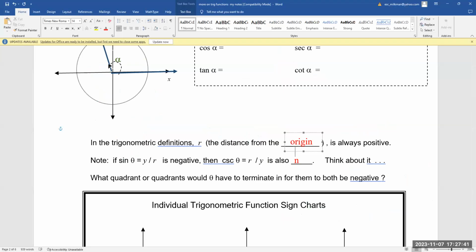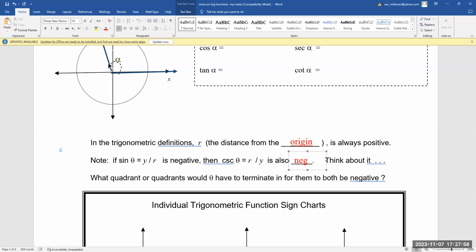It is always positive. If the sine of theta, y over r, happens to be negative, then the cosecant is also going to be negative. And again, we just showed that in the example we just did. If our sine is negative, then its reciprocal must be negative.